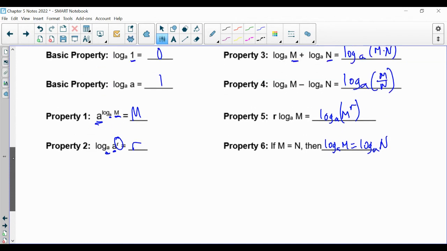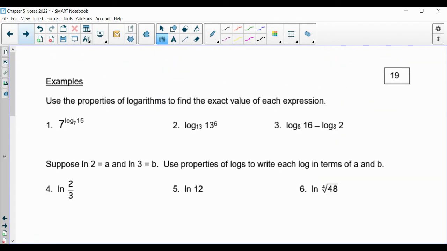So, all right, let's go ahead and get some practice in of these. Let's just do a couple that are straight from there. Here we see log base 7 of 15 is in the power, but 7 is our base. Because both bases are the same, they cancel, and you get 15 as your answer. And it's as easy as that for that property.